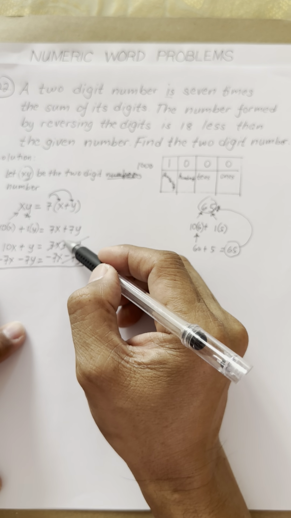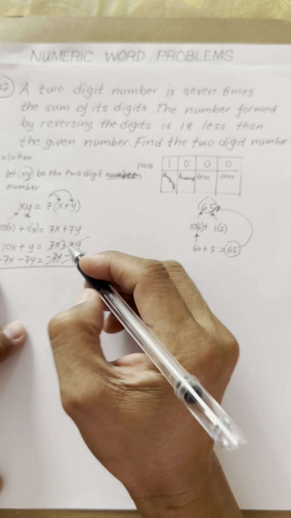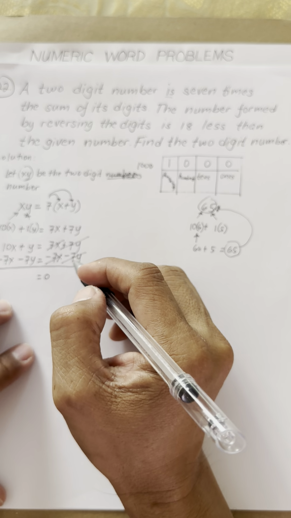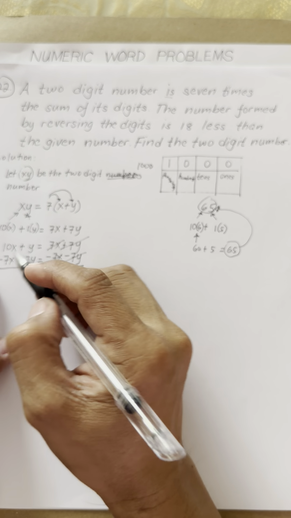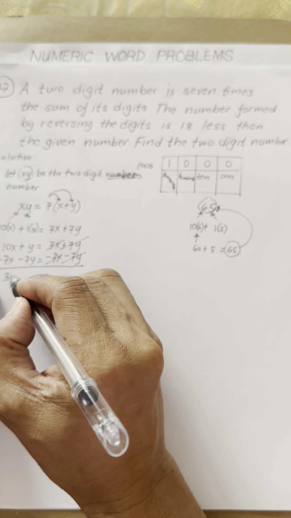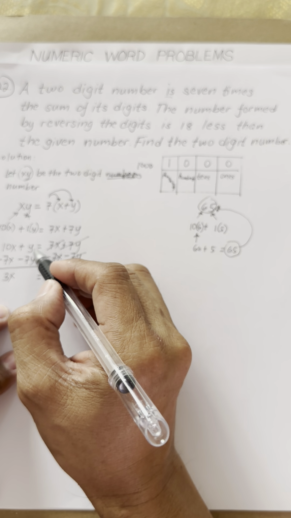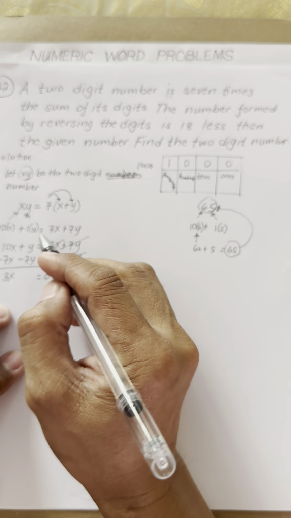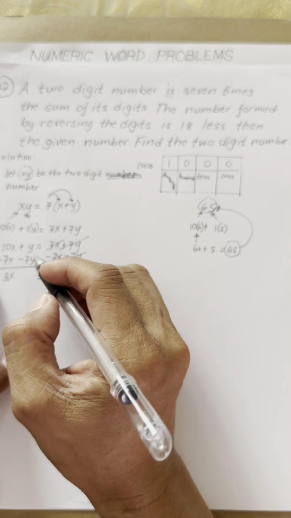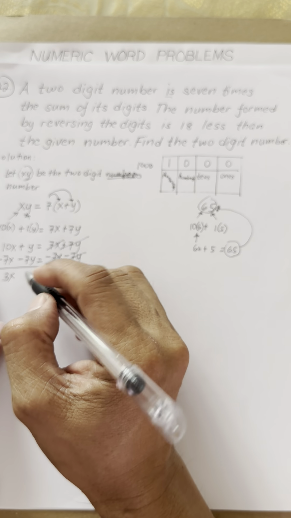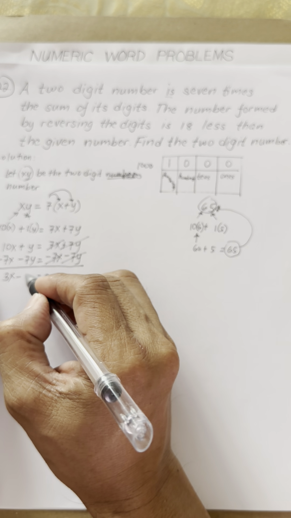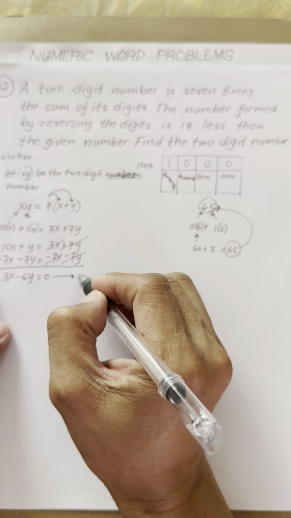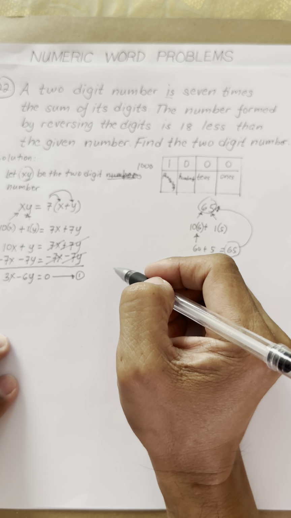And we have positive 7x, which cancels out with the negative 7x, leaving 0 on the right side of our equation. So 10x minus 7x is equal to 3x. Then positive y minus 7y, when you combine them, they are similar terms. So apply the rules in combining similar terms or like terms. So this is equal to negative 6y. So we have this as our first equation, or equation 1.